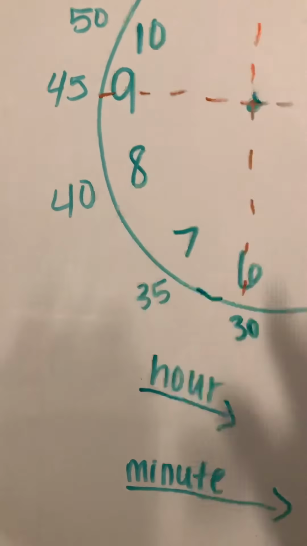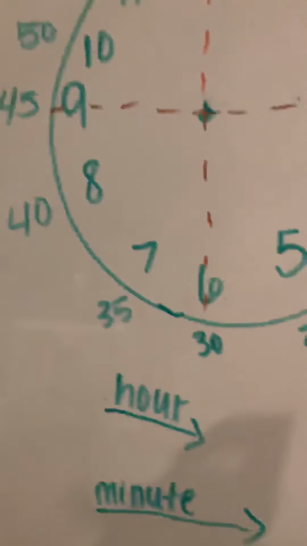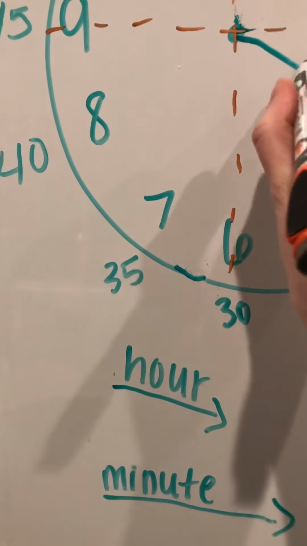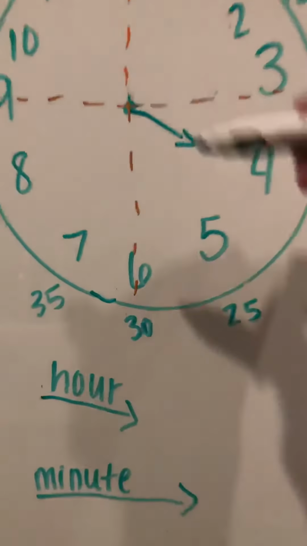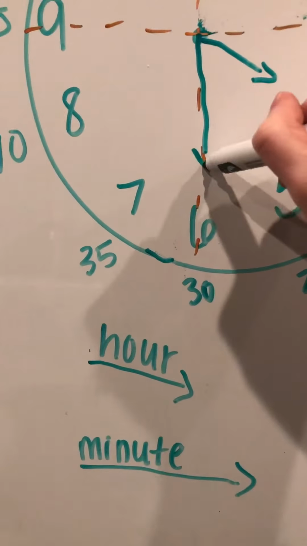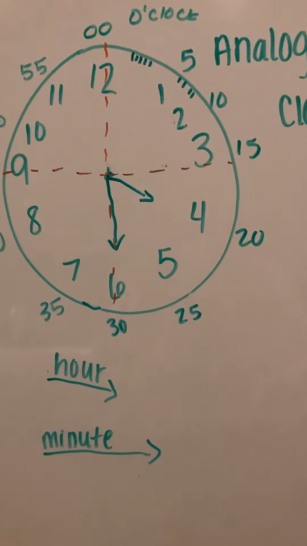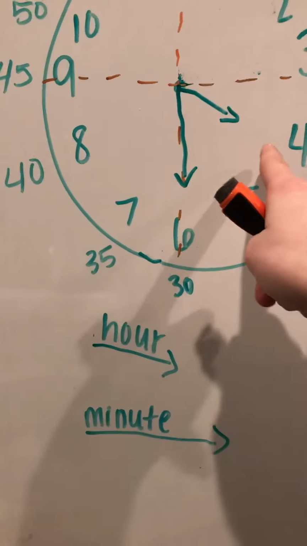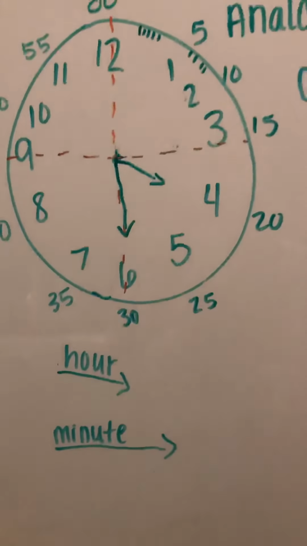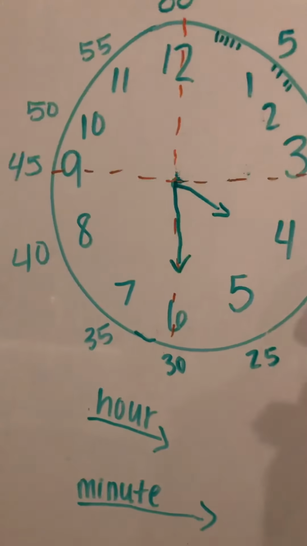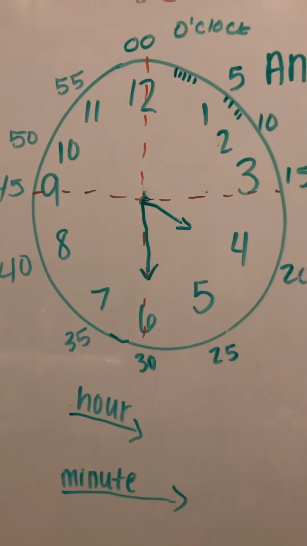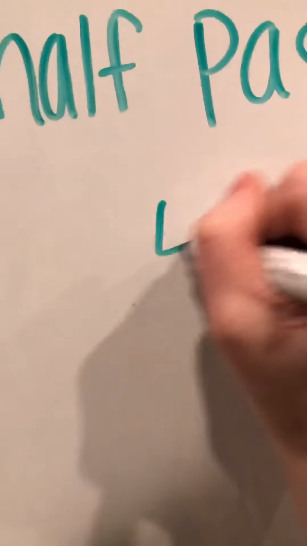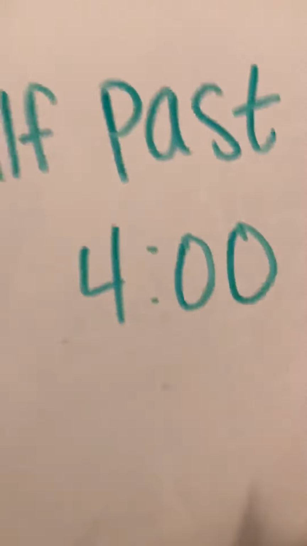If I make our hour hand point here, I'll have it point at the 4. And then our minute hand is going to point here at the 6. This is the same thing as saying 4:30, or we can say it's a half past 4.